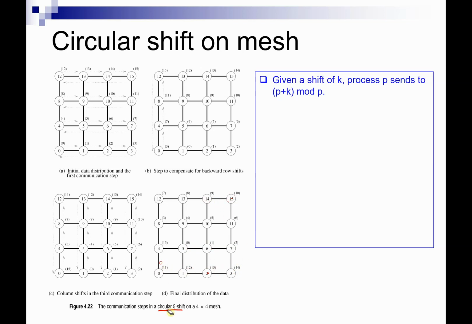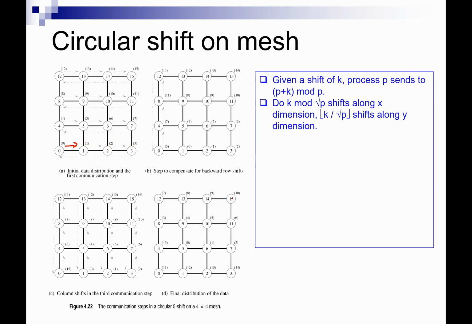So now the question is, how do you do this in a mesh? To do the circular shift, we're going to shift both in the x and the y directions. If you shift by 1 in the x direction, then you're shifting the message by just a distance of 1. So 0's message gets to 1, 1 goes to 2, and so on.